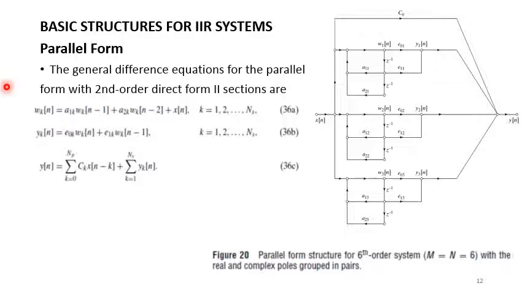For the output nodes, we write yk[n] equals e0k wk[n] plus e1k wk[n-1], with k running from 1 up to Ns. Ns is the largest integer obtained from (N plus 1) divided by 2. The overall output y[n] will be equal to the summation of the individual units. I hope that's quite straightforward.